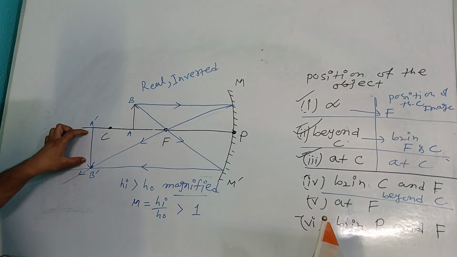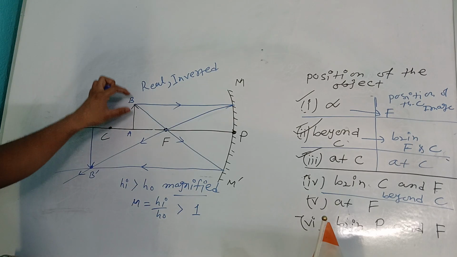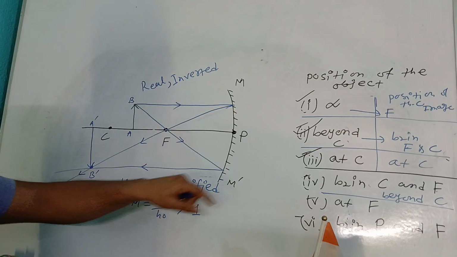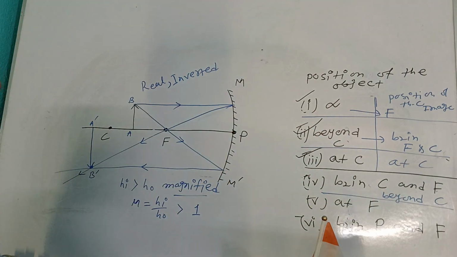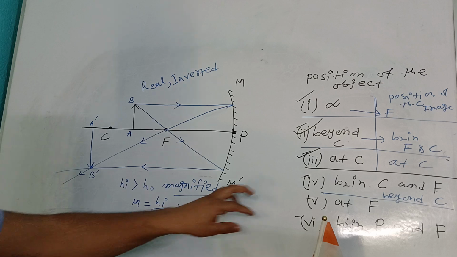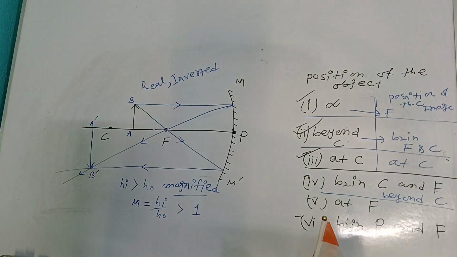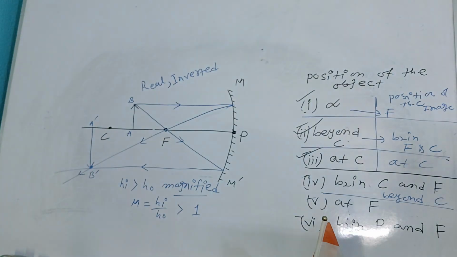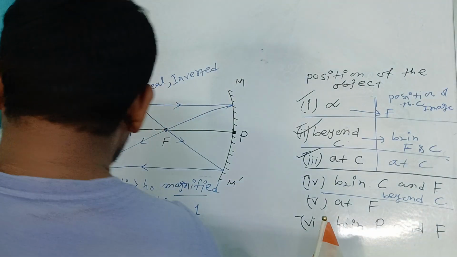Since height of the image is greater than height of the object, it is real, inverted, position beyond C. Clear? Do it fast. Write it.